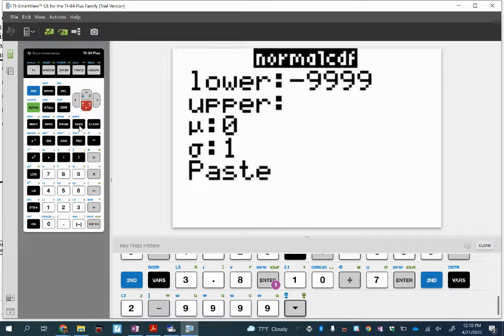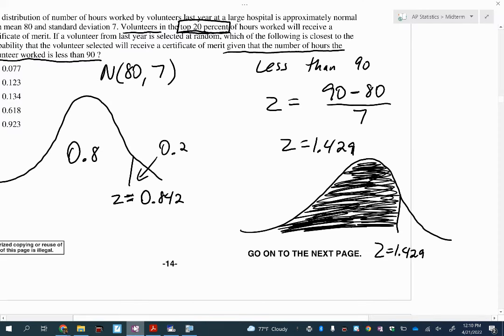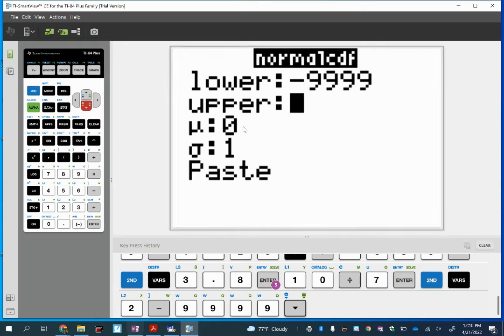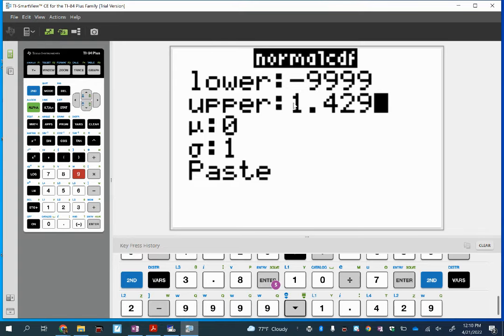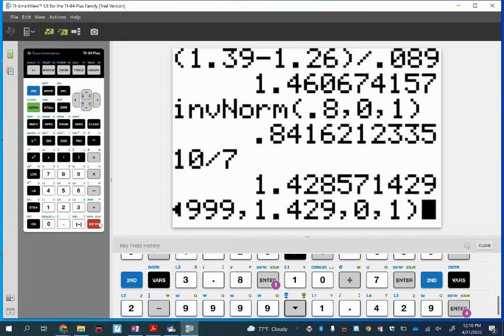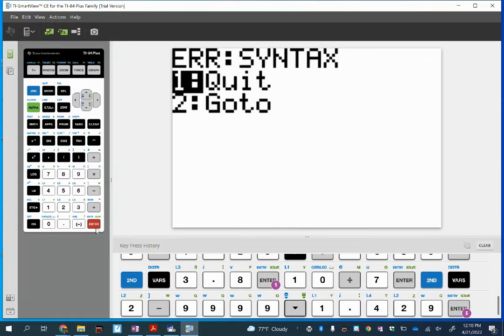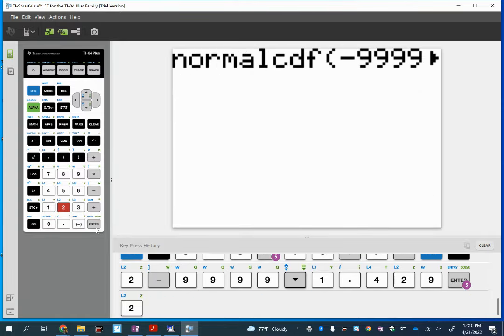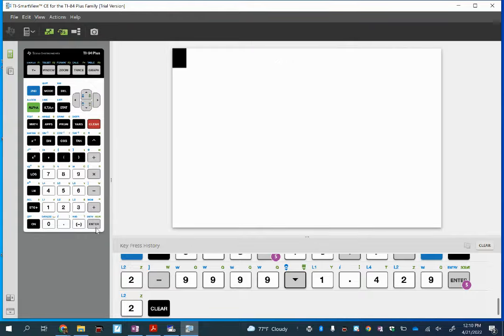And then what's my upper one? If you need to, go back to the sketch. No, 1.429. Okay, I'm going to hit enter a bunch of times. Oh no, what happened? He didn't like that. Okay, sorry. I know why.